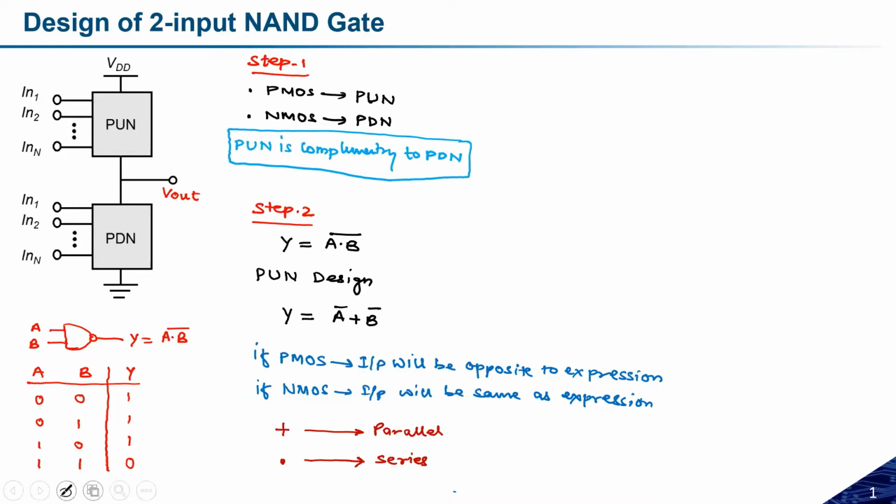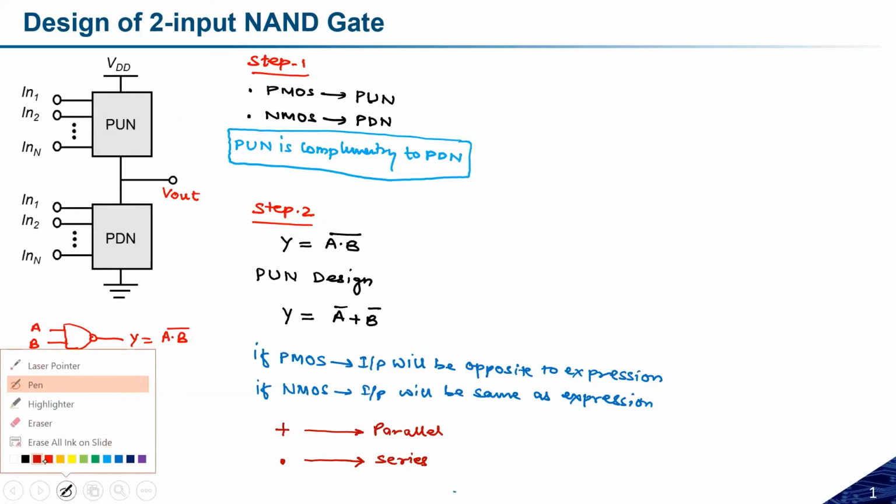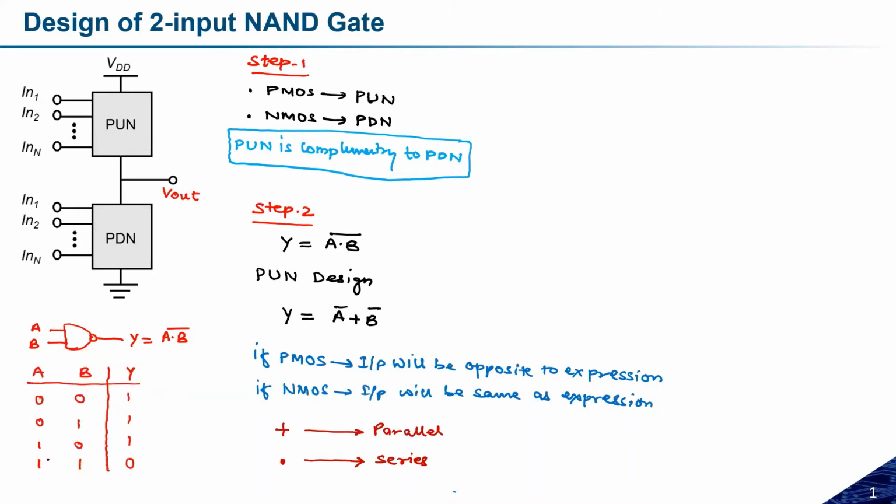Okay, so we got 4 important points that need to be addressed here. Based on these 4 points, let us try to draw the diagram, how the pull-up network will look. Here we have y equal to a bar plus b bar. Because I'm designing the pull-up network, which should be of PMOS transistors, whatever input we have should be the complementary opposite of this.